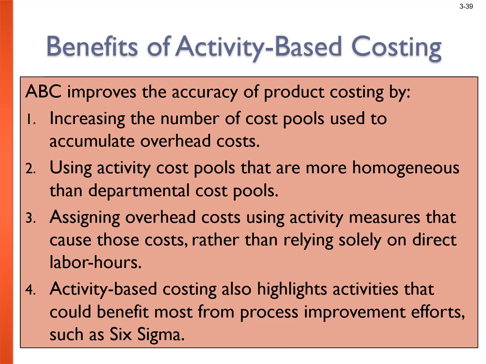Assigning overhead costs uses activity measures that cause those costs, rather than direct labor hours that may not cause those costs to begin with. We saw all the different things. Production orders was a measure of an activity. Machine hours. I think one item used direct labor hours. And then activity-based costing also highlights activities that could benefit most from process improvement efforts.